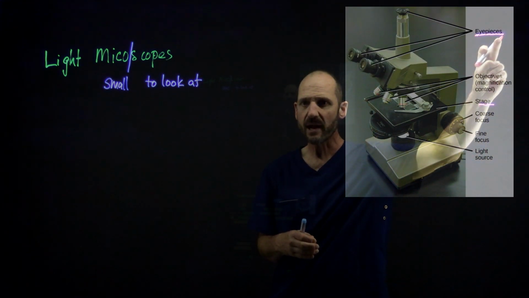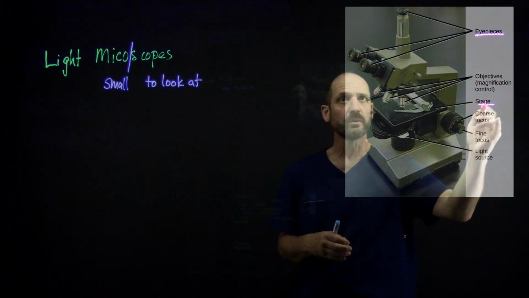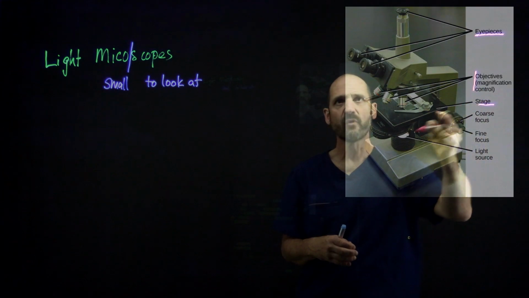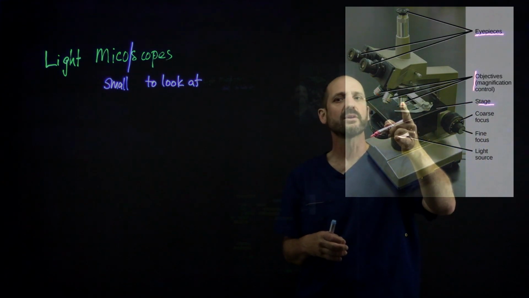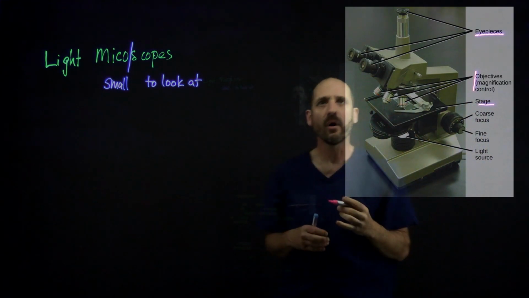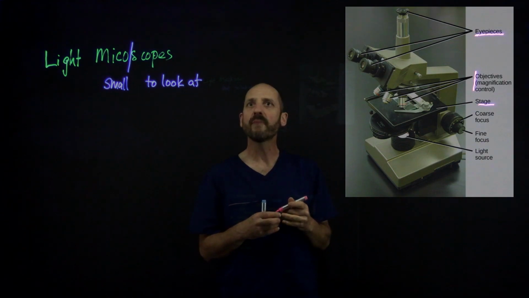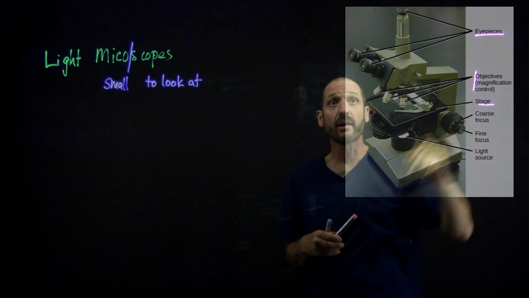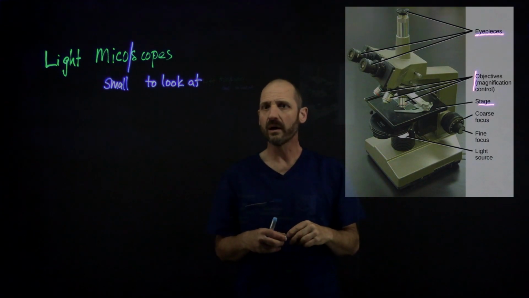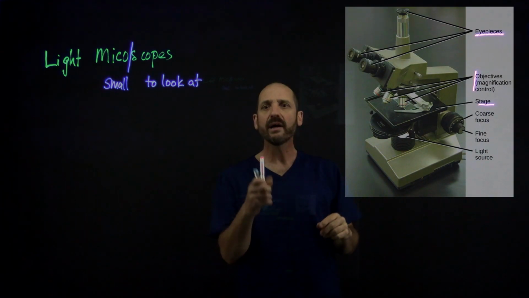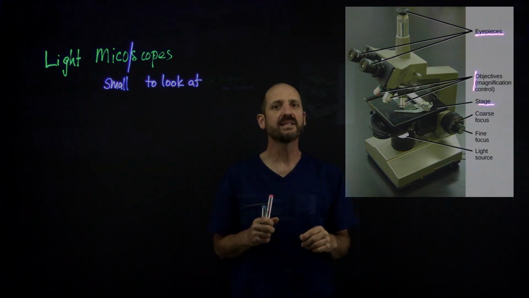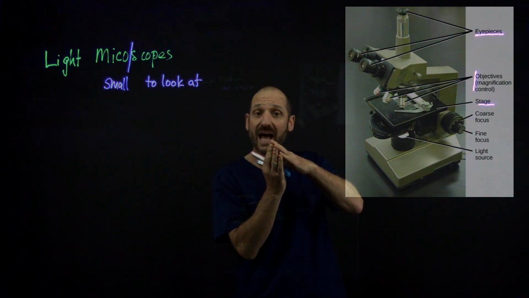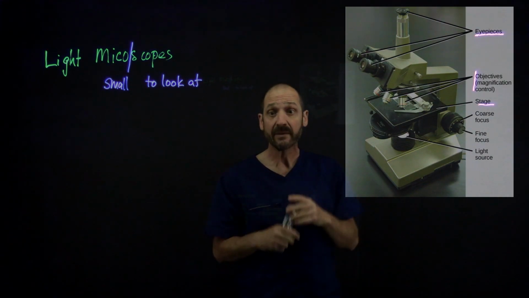Then we also have objectives that magnify the object further: one that does 4, one that does 10, one that does 40, all the way to 100. If we add the 10 together with those, we get a total magnification of up to 1000. Oil is used between the slide and the lens at the highest power, because at that point the lens and the slide touch each other already.